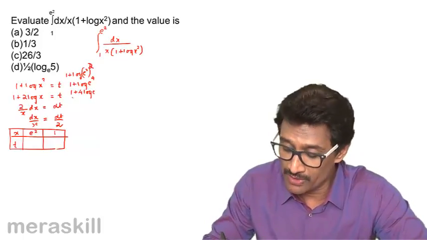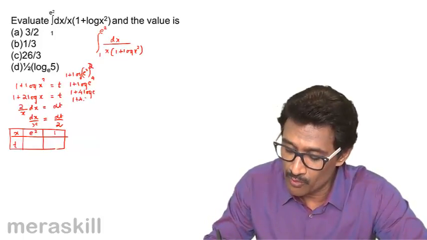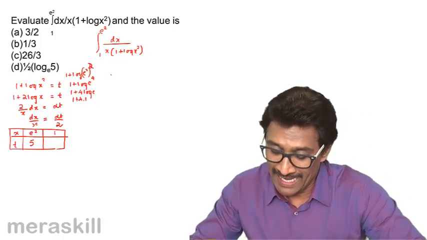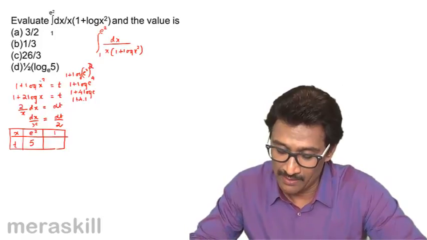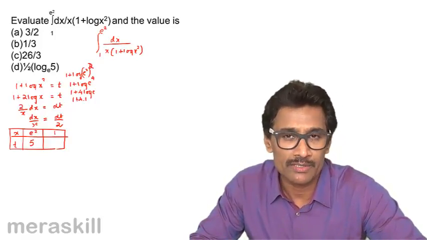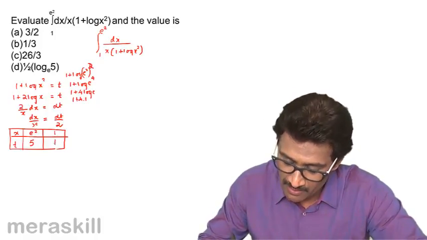Now log e we know is 1, so it's going to be 1 plus 2 into 1. Hence it's going to be 3. And when x is 1, you get 1 plus log 1. Now log 1 is going to be 0, so it's going to remain 1.